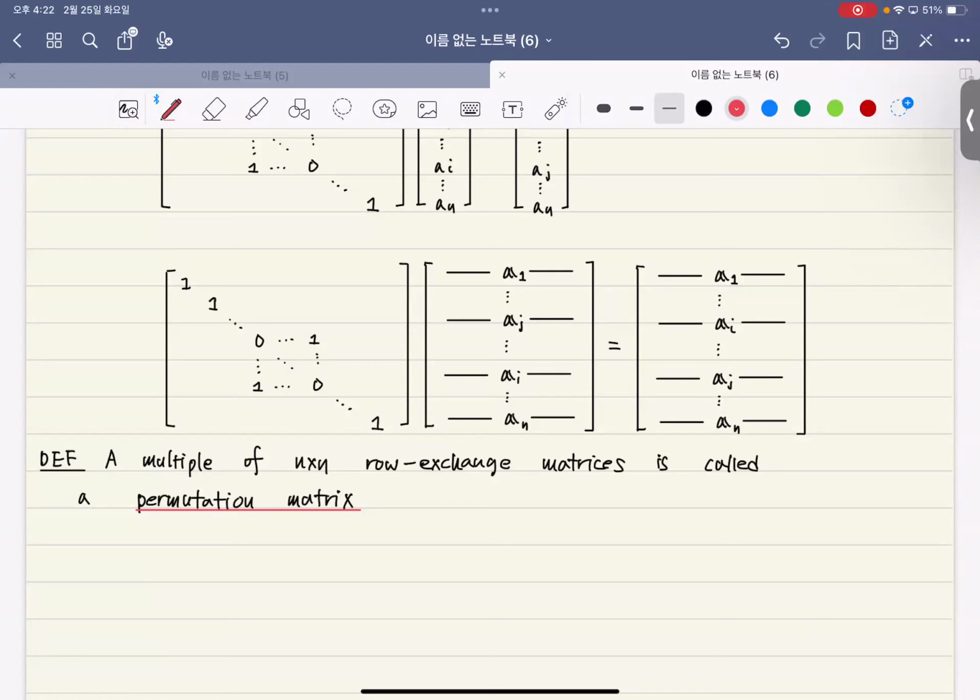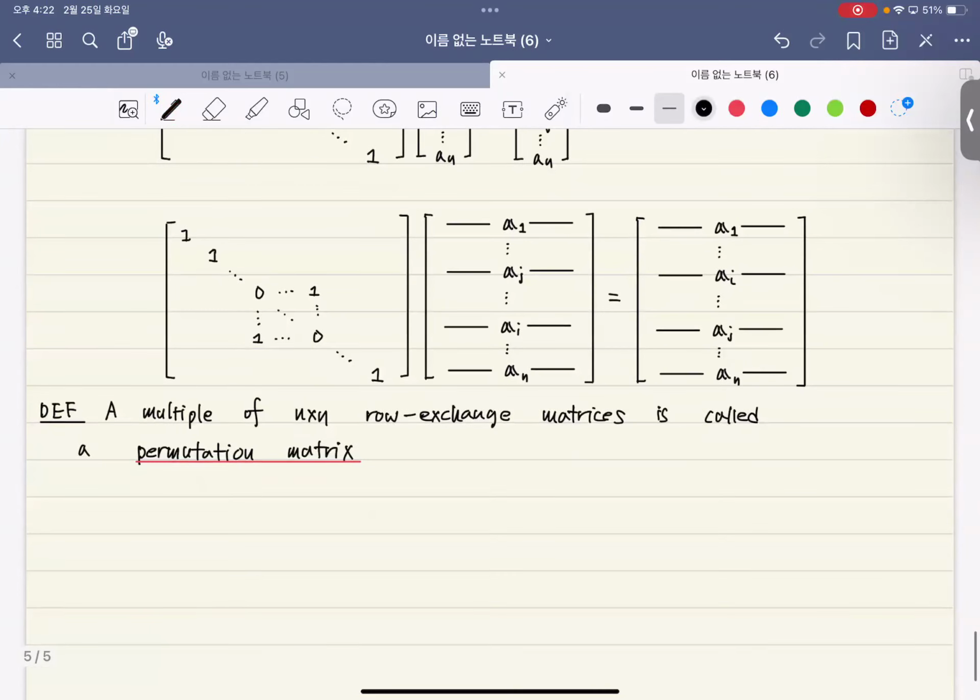Let me try to write down all these permutation matrices. If n is 3, then the easiest permutation matrix is the identity matrix. The identity matrix is a part of the permutation matrices. Why?